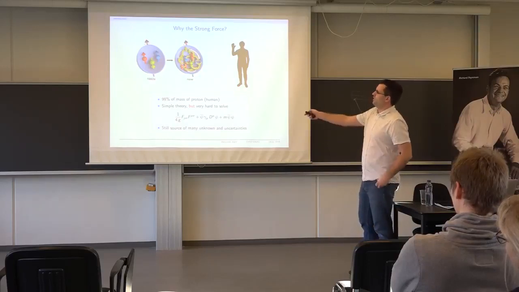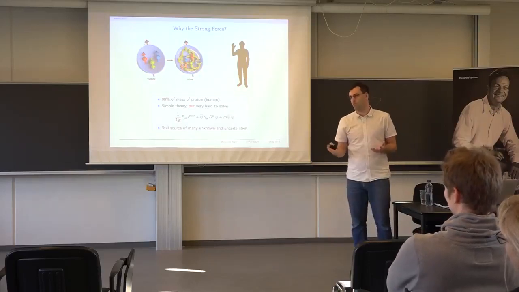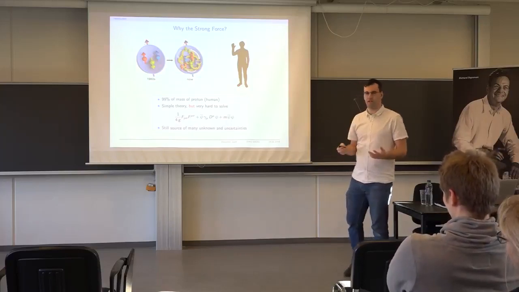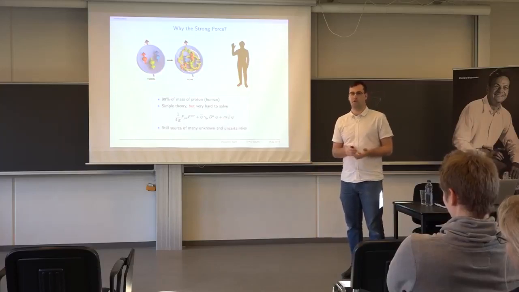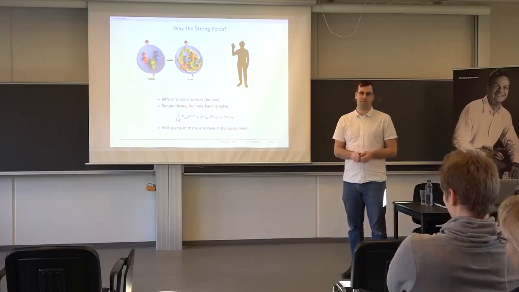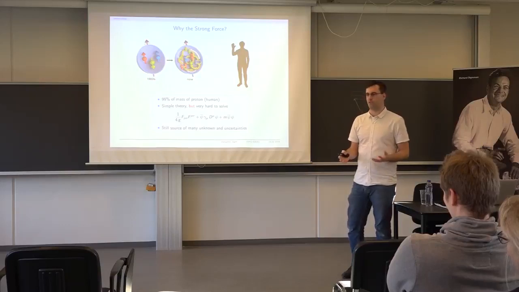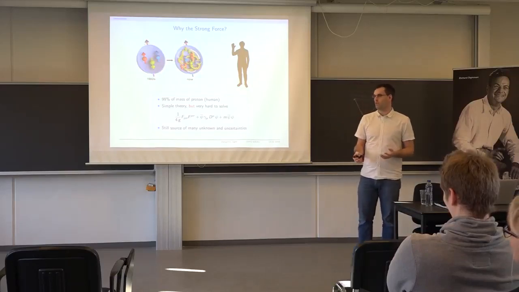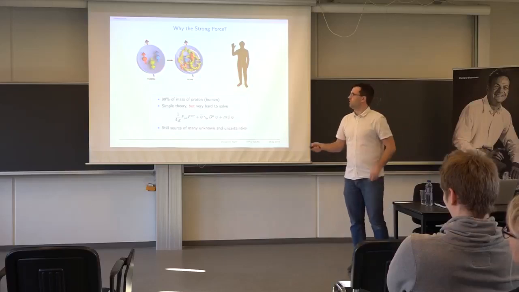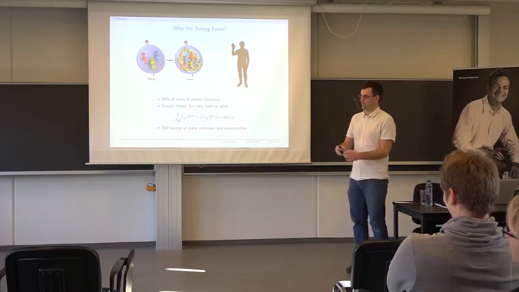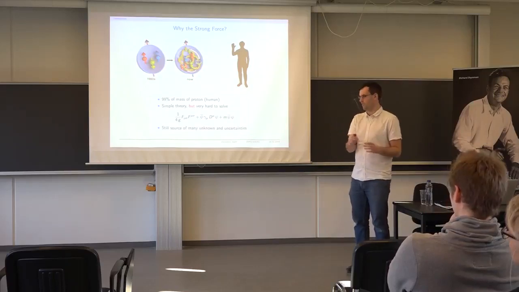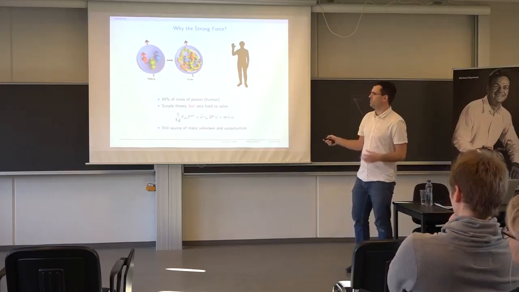So if you consider, well, a proton roughly weighs 1 GeV, and the quarks that make up the proton, if you sum them up, come to roughly 10 MeV. So we're missing mass of the order of 99% of the proton. And 99% of the proton's mass is basically coming from the QCD interaction, or the strong interaction, meaning quarks that appear for a short time, gluons that couple to themselves, and gluons that loop around and so on.